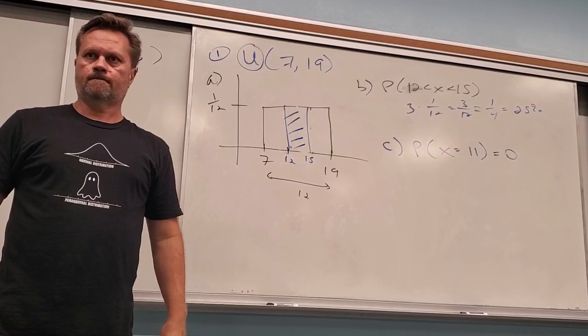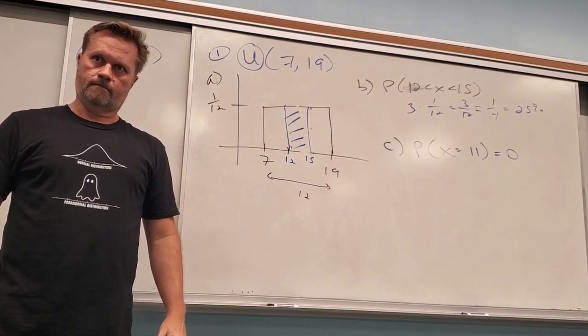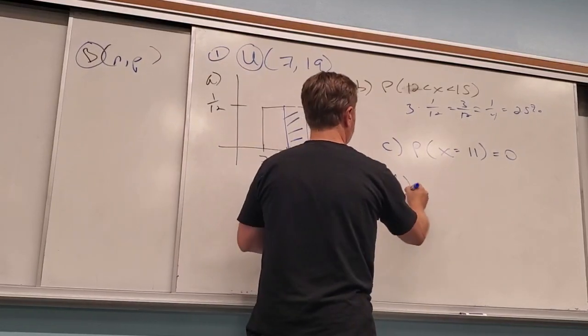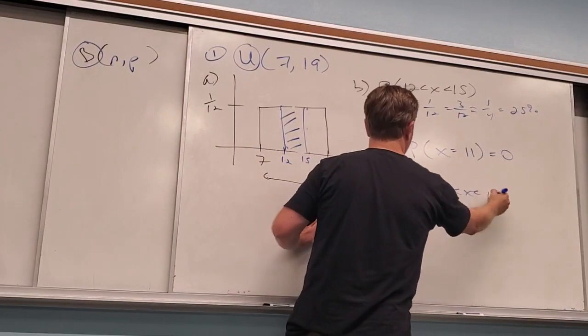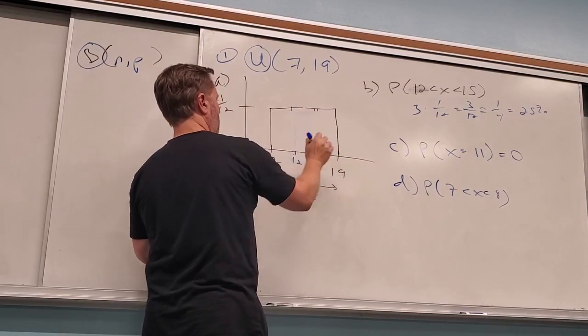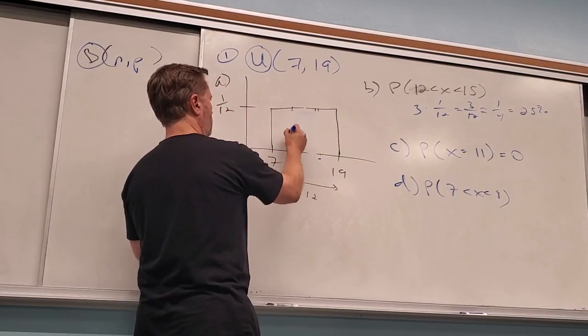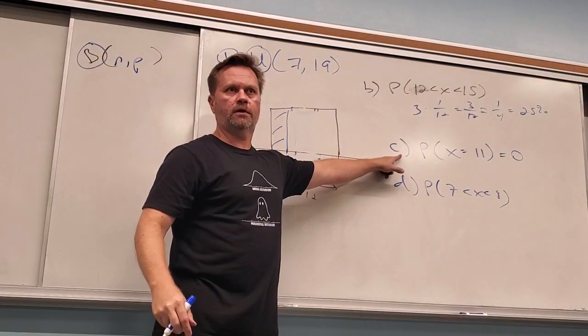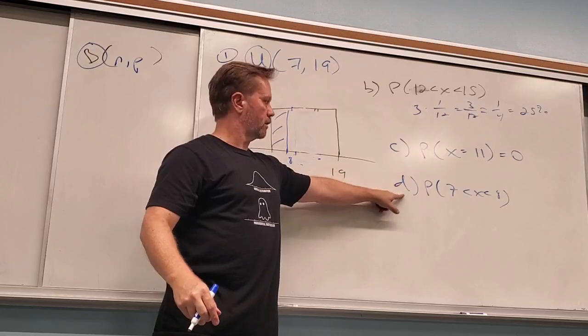No, I'm saying, you know how the 7 and the 19, let's say it was a 7 and an 8. And if the question was the probability that it's between 7 and 8, does that make an area? Yes. Totally. That is a very different question from this, right? Here I start at 7 and I go to 8.